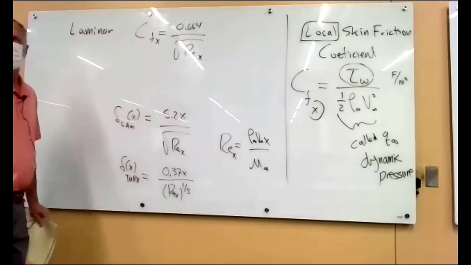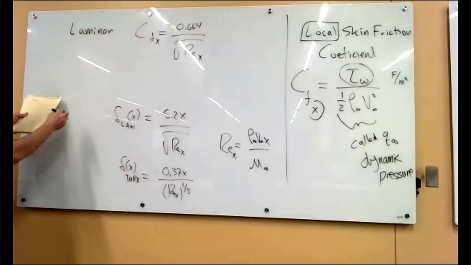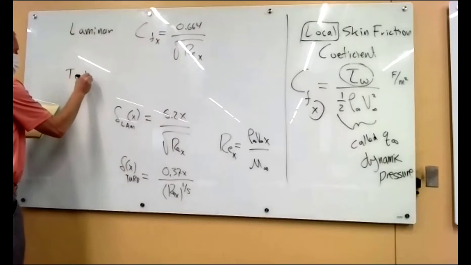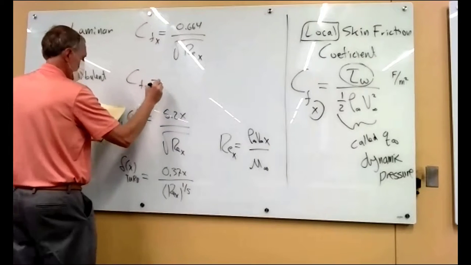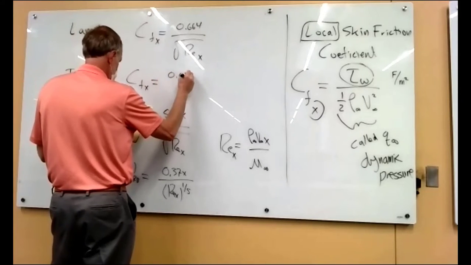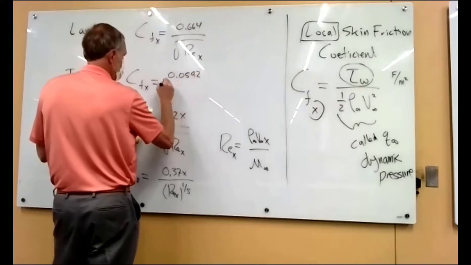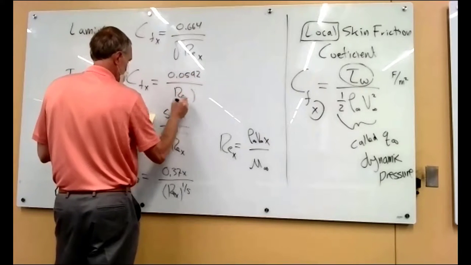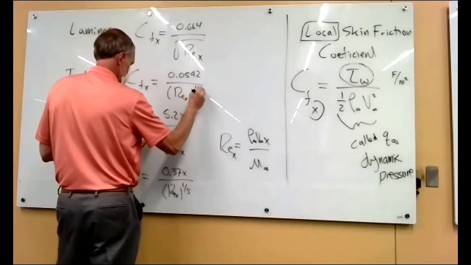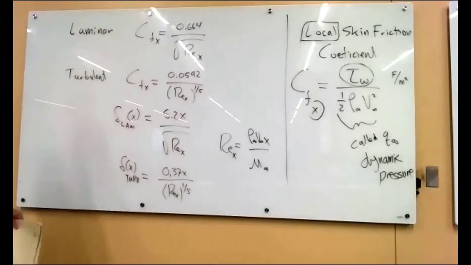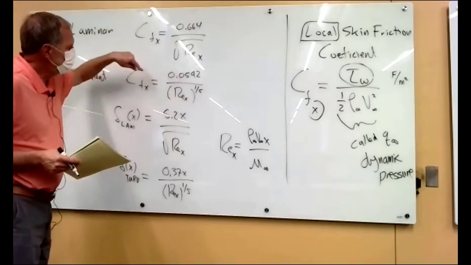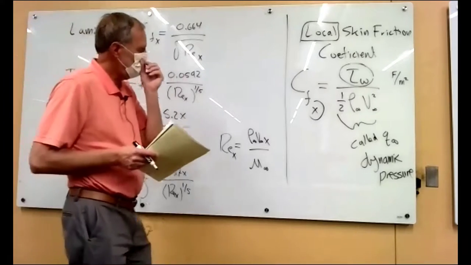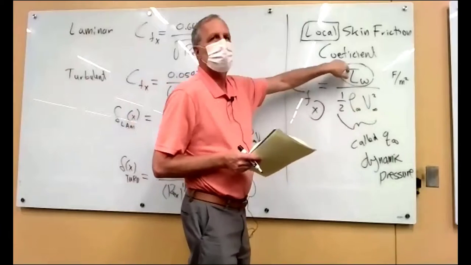And again, you have to calculate that Reynolds number. And then for turbulent, there's the formula for that. So again, you take your x position, calculate the Reynolds number, calculate this number here, and then for the given velocity and density, you multiply by this to get the total skin friction.